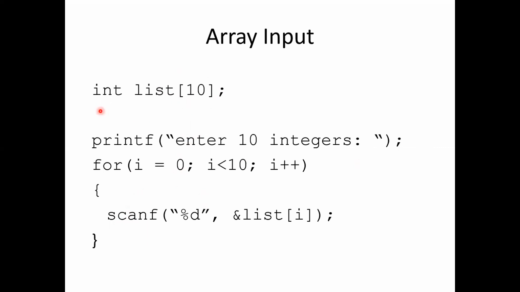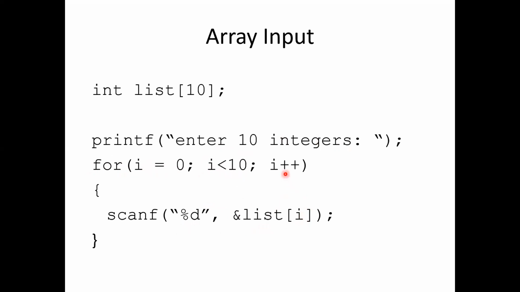Okay, so after initializing the array here, there's an instruction that says enter 10 integers, and then there's a loop here. So initially I is equal to 0, and it will test if I is less than 10, and this is true. So therefore, it will now read the first value, and that will be stored to list I, which is 0.